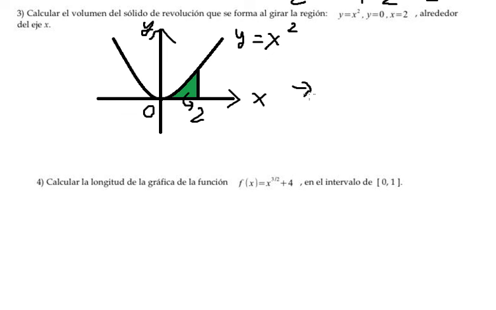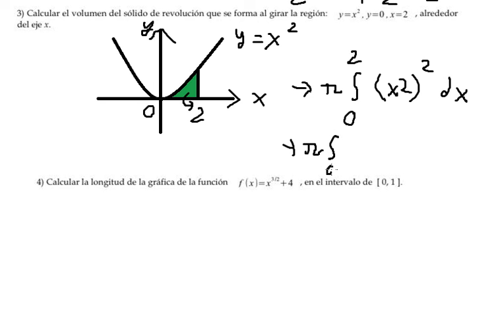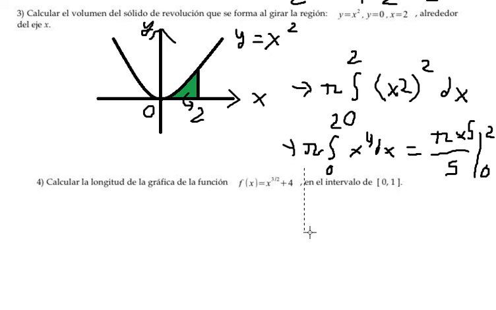The volume in this situation should be π multiplied by the integral from 0 to 2, and we have s squared, and we put power 2 in here, ds. So we have the integral from 0 to 2 of s to the power of 4 ds, and this one you got π s to the power of 5 over 5, with the boundary from 0 to 2.